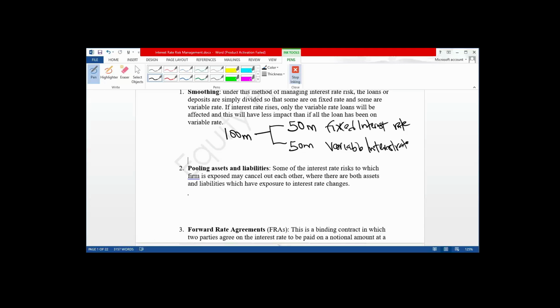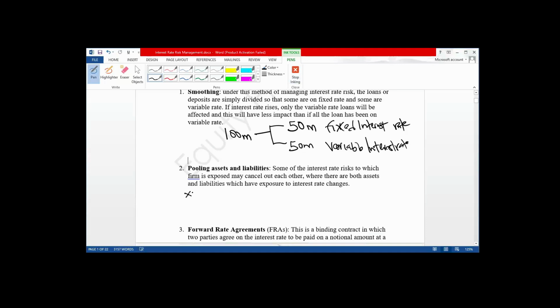Let us illustrate briefly how to pool asset and liability together. You may be asked to explain this in your exam. Your company, XYZ PSC, is planning to borrow money.